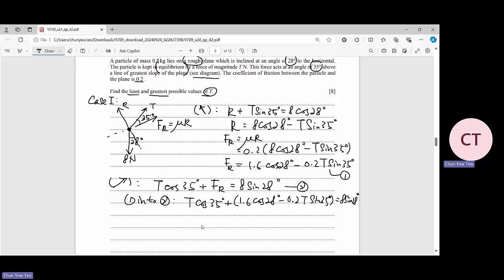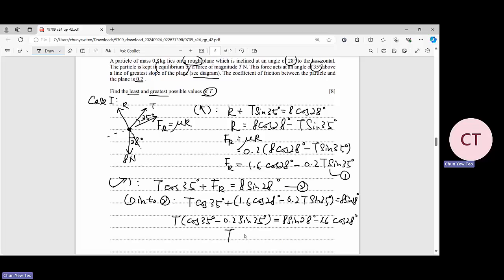Okay, need to squeeze everything inside. So I rearrange it. All the T I group at one side, then the rest that is not relevant to T, I put at the other side. So this is what I have, with 1.6 cos 28.